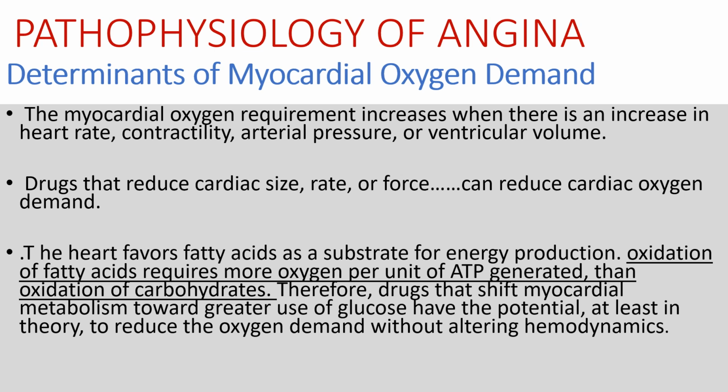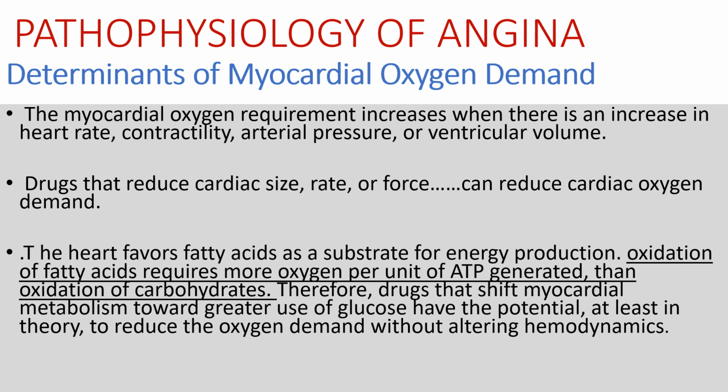Now, we will understand the basic things and the basic pathophysiology of angina. We categorize it under three different headings. The first one is determinants of myocardial oxygen demand. If the basic problem in angina is between oxygen supply and oxygen demand, then what are the determinants which determine the myocardial oxygen demand?